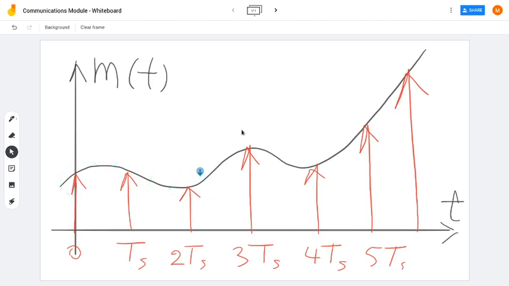That's why this is called instantaneous sampling. We are retrieving the message value at one instant. But in natural sampling, instead of multiplying the message with a train of impulses, we multiply the message with a train of pulses, which I'm going to draw now in green.